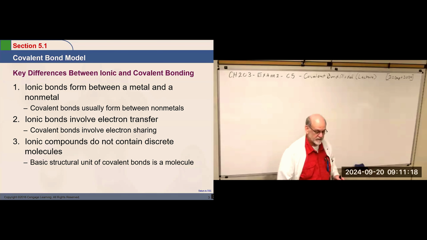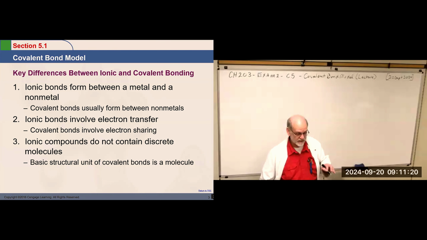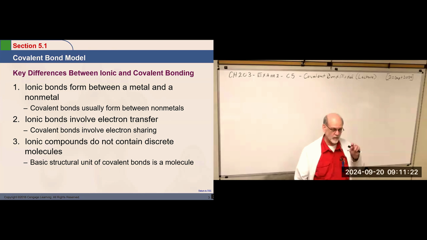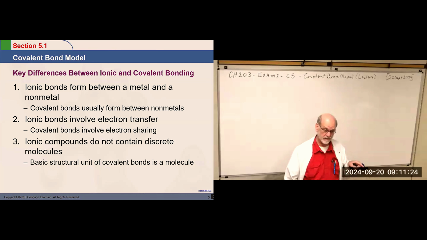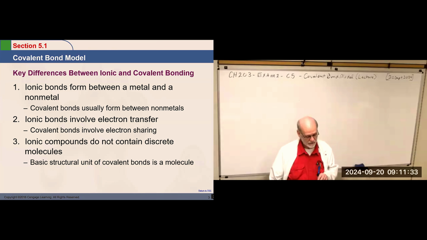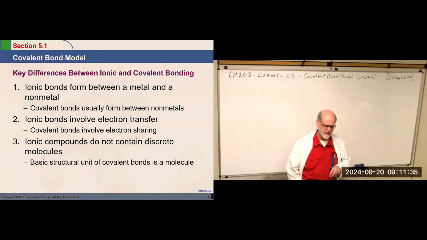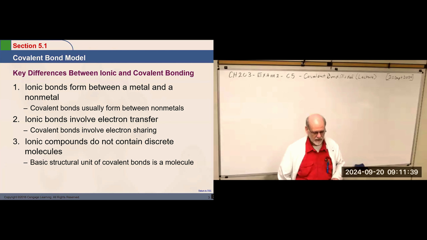Okay, as a reminder, differences between ionic and covalent bonding. Remember, ionic bonds always form between a metal and a non-metal. Covalent bonds usually form between two non-metals, and for our purposes, I'd say always. They always form between two non-metals.